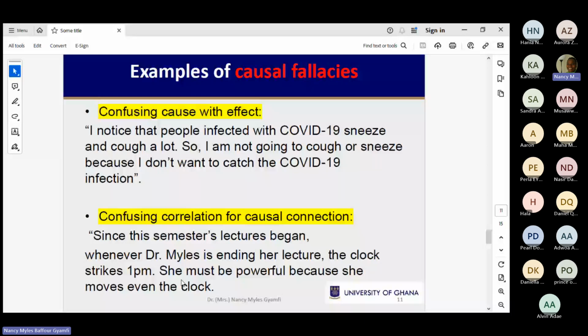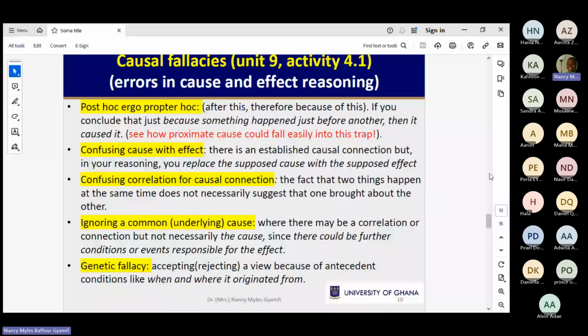Okay. So we can move to the last but one: ignoring a common underlying cause. That's also a fallacy. Let me use the COVID example again.